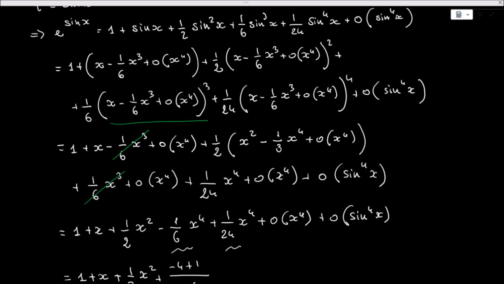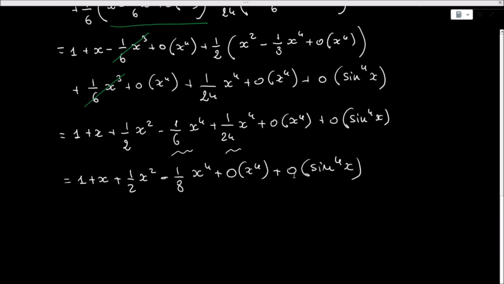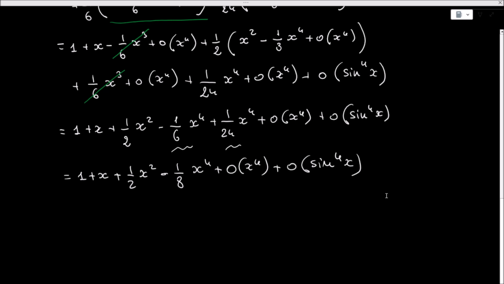So this is becoming simply minus 1 over 8. So we can write simply minus 1 over 8 x to the 4 plus little o of x to the 4 plus little o of sine to the fourth of x. So this is the final result.